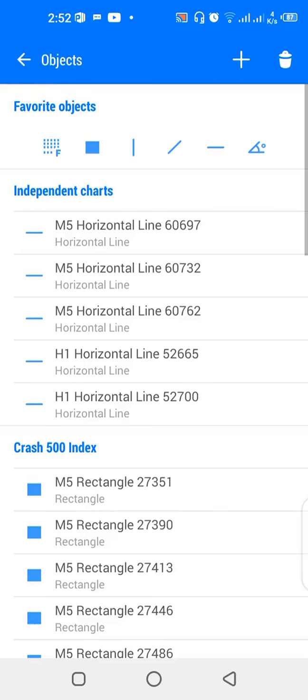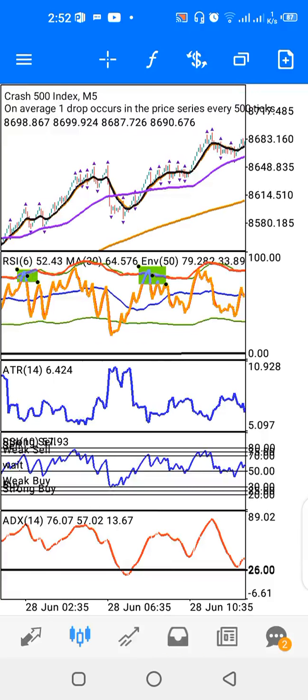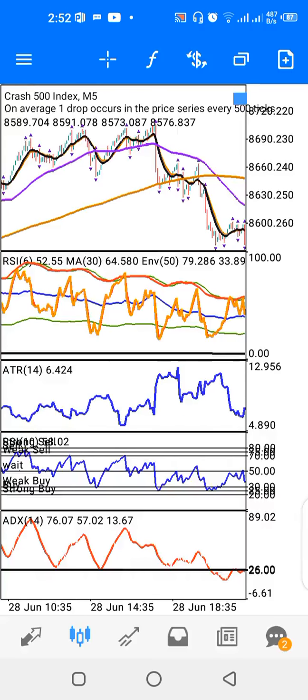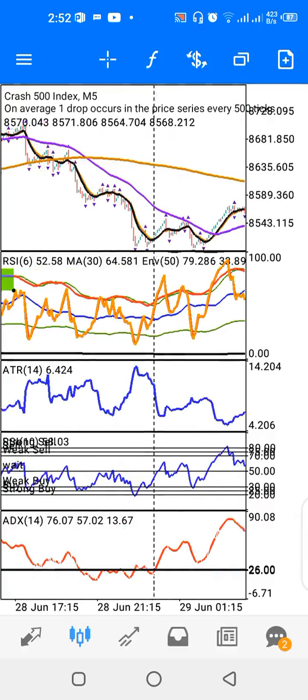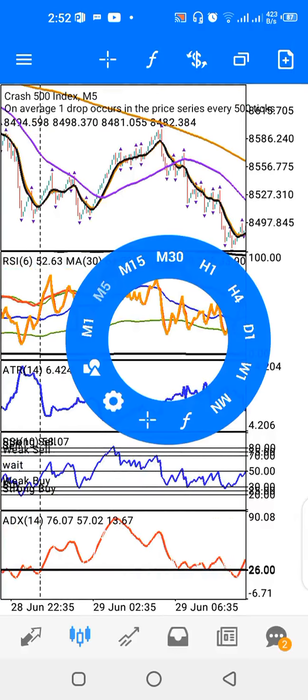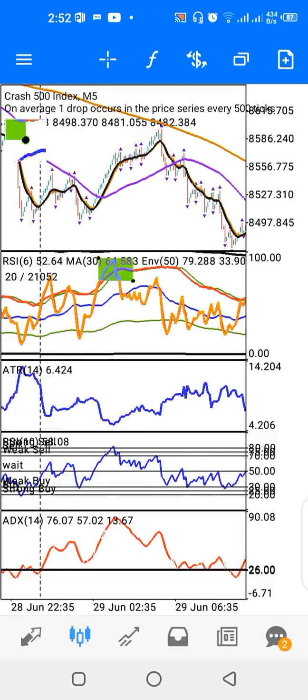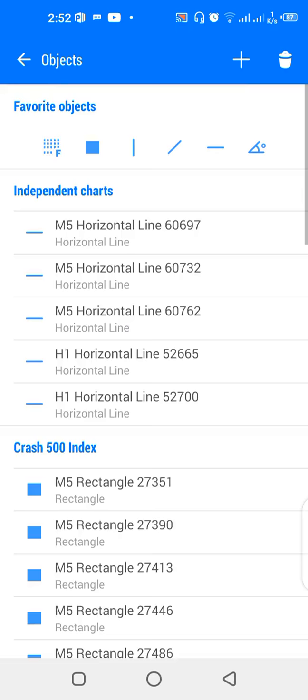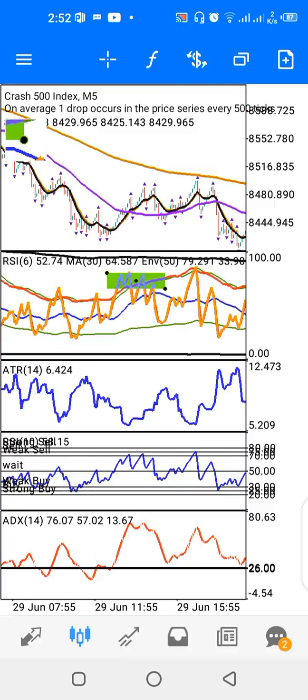Whenever it touches the upper band, you expect to have a spike downward. Look out for when it starts to spike downward and you have a touch. So looking out for when it starts to spike downward, that means you wait for when it spikes below the range for you to have a breakout.